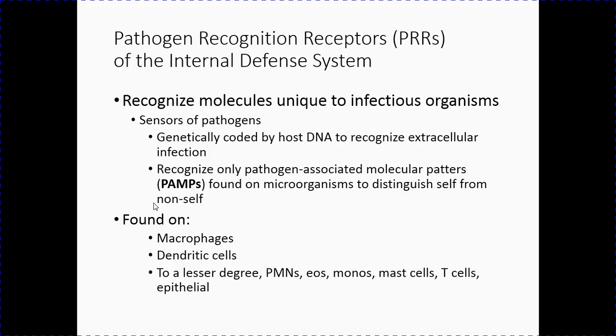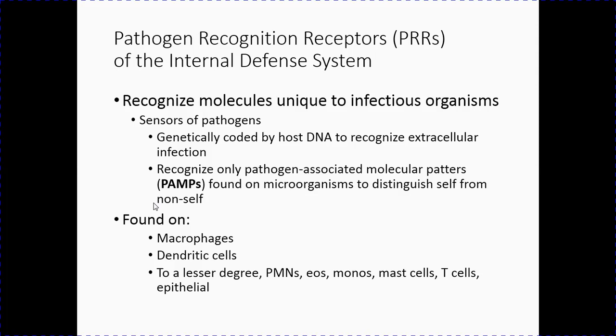We're going to see later on in the chapter how these pathogen receptors are able to help the phagocytic cells decide if something is self or non-self.